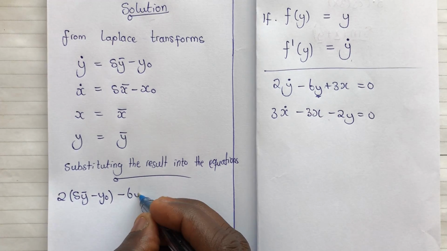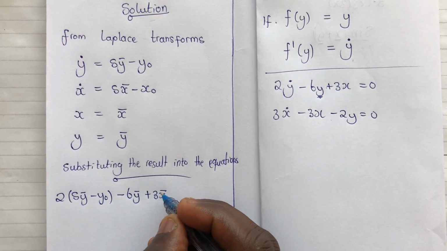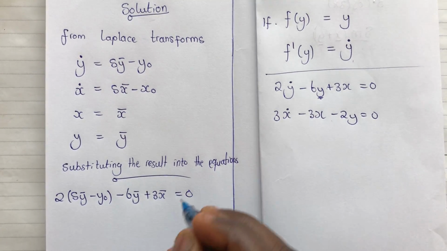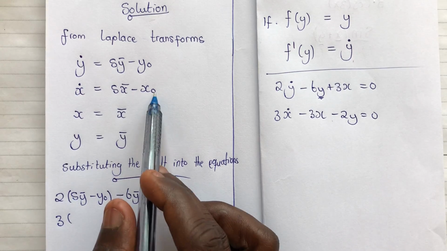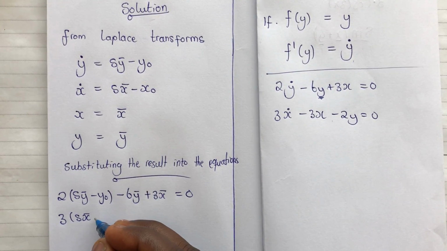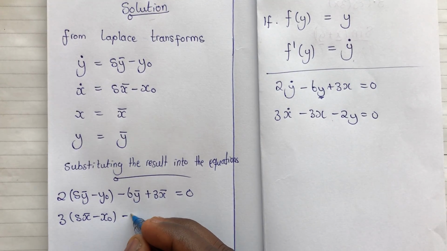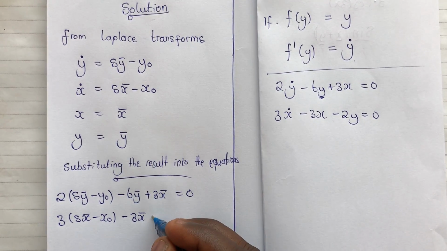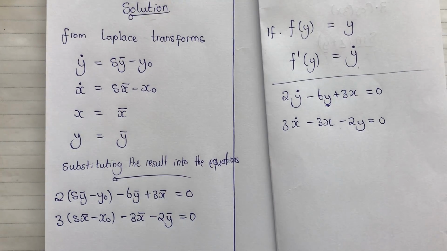So, minus 6 y bar plus 3 x bar equal to 0. Then we move on to 3 into bracket, we substitute this, which is s x bar minus x naught, and then minus 3 x bar minus 2 y bar equal to 0.